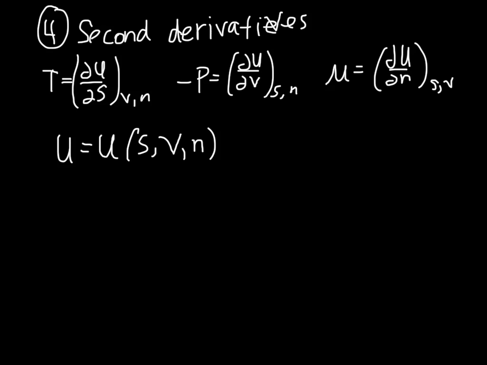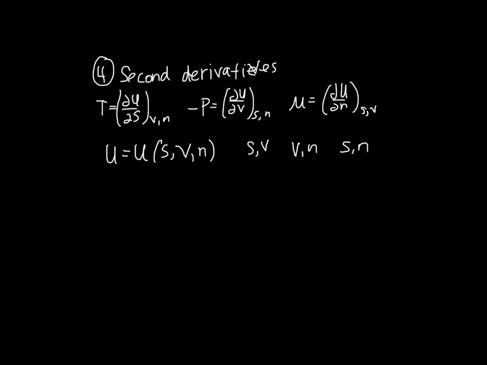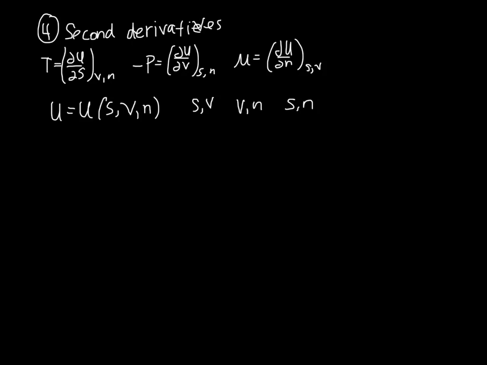So when we're taking the second derivatives, we can take it with respect to any two of these. So we could do S and V, or V and N, or S and N. For this example that I'm going to do here, I'll focus on just S and V, but you could do it for any of them.